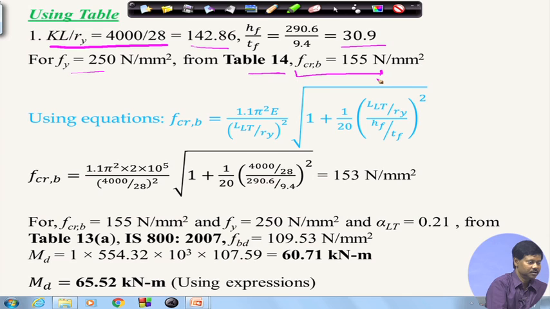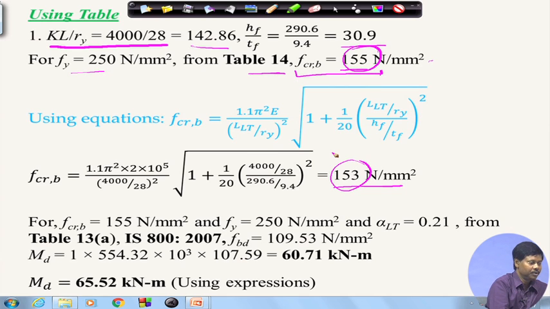The bending stress FCRB due to lateral torsional buckling we found as 155 Newton per millimeter square. Now, using the equation, the FCRB value we found as 153 Newton per millimeter square. So, which is comparable? We are getting 155 through interpolation in the table, and by using the expression we are getting 153.